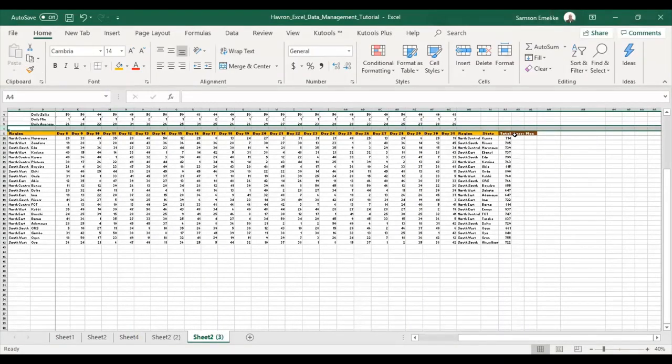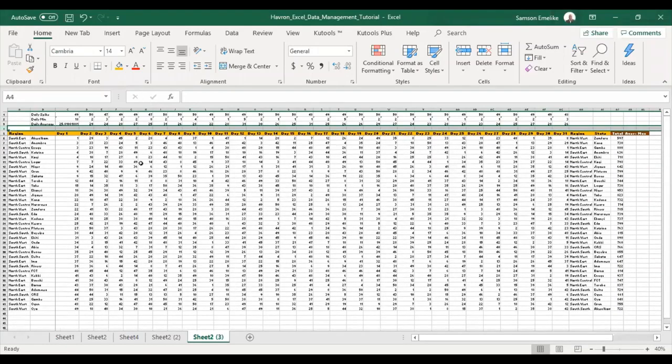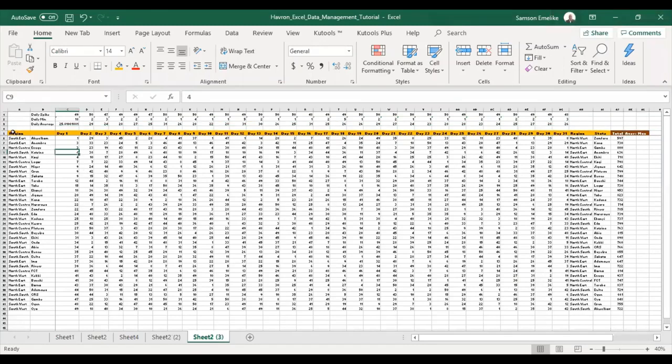I'm just zooming out so that we have a holistic picture of the entire table. You may not know where it gets to, but I want to select everything at once. From here, I have inserted an empty row, so I have commanded Excel to see this as a table different from this.